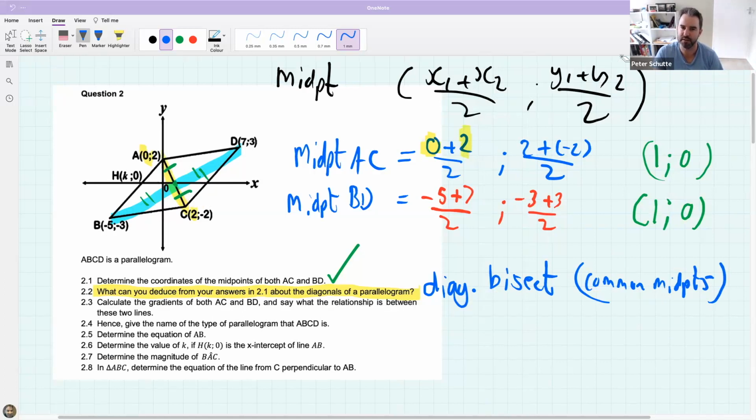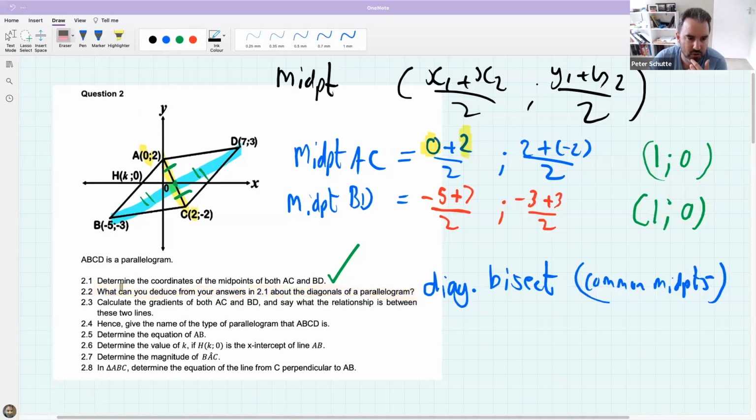Give me a thumbs up if you understand what 'the diagonals bisect' means, and you understand why, if you have common midpoints, that shows they cut each other in half. Or if there's a question, I'd love to hear a voice asking the question. Okay, I'm seeing lots of thumbs up, so maybe I did a good job there. If you do have a question, don't be shy to pop your hand up. Otherwise, let's go to the next one.